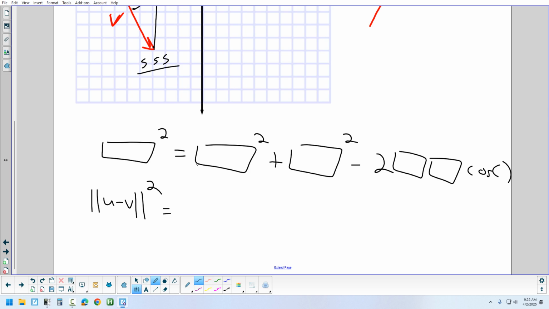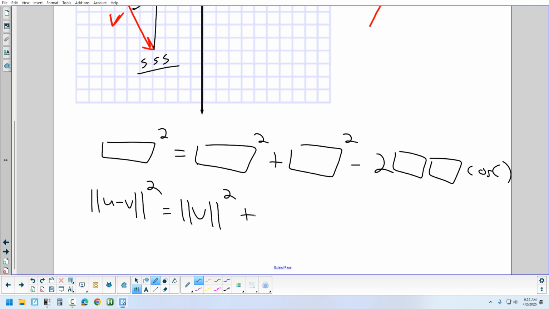You have the v squared with bars, so magnitude of v squared.